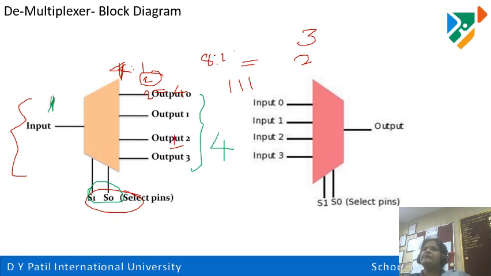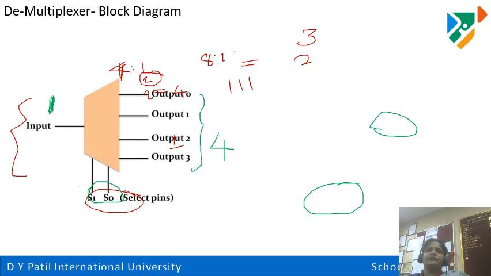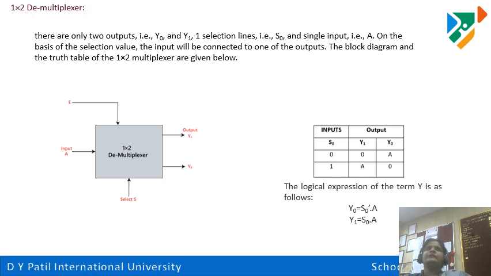In a multiplexer, any one of the inputs comes out as the output, decided by the select line. In a demultiplexer, the single input that I have comes out in any one of the outputs, transmitted to only one output. That is a demultiplexer. So let us go ahead with a 1:2 demultiplexer.